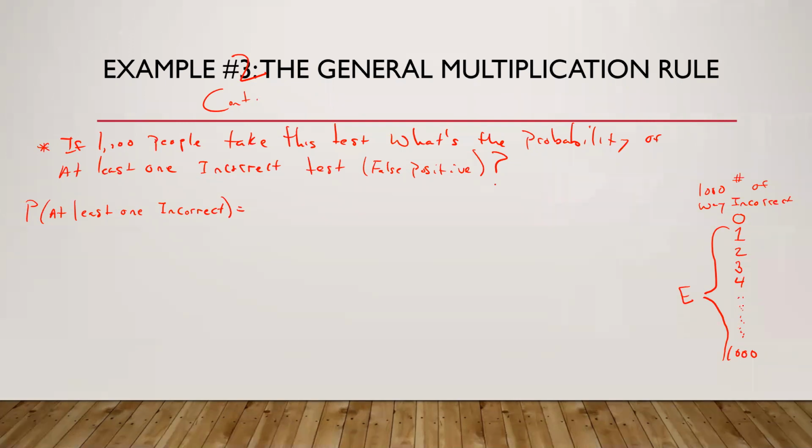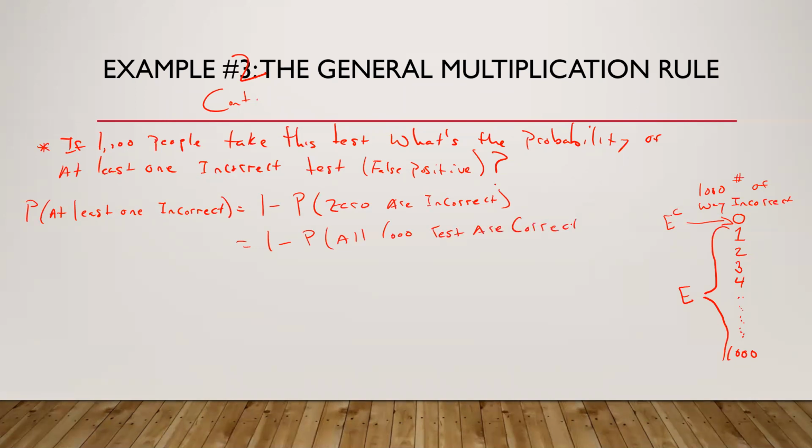Well, what is the complement of E then? How many tests are incorrect? 0. Yeah. So then this is really hard. So this would be 1 minus the probability that 0 are incorrect. Well, if 0 are incorrect, that means all the tests are what? They're all correct.